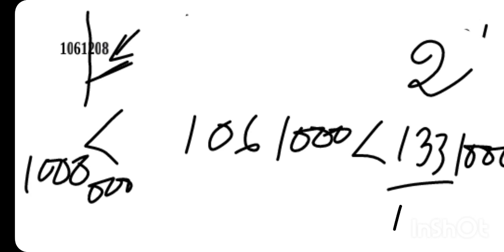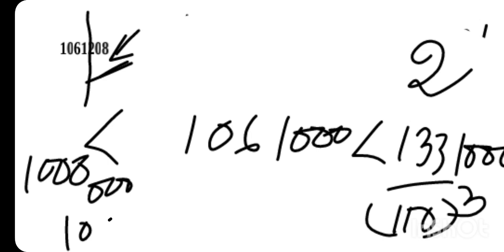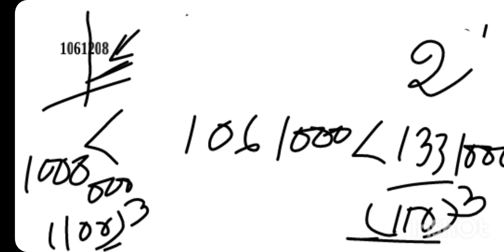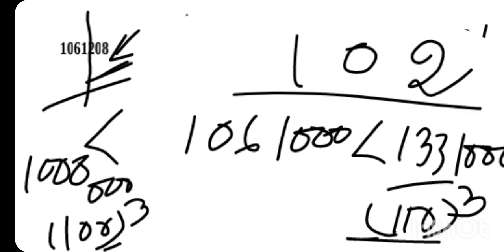Yes, it is 110 and this is 100 cubed. Clearly the cube root of the number lies between 100 and 110, but it does not equal 110. Okay, so we will get 102 as our answer.